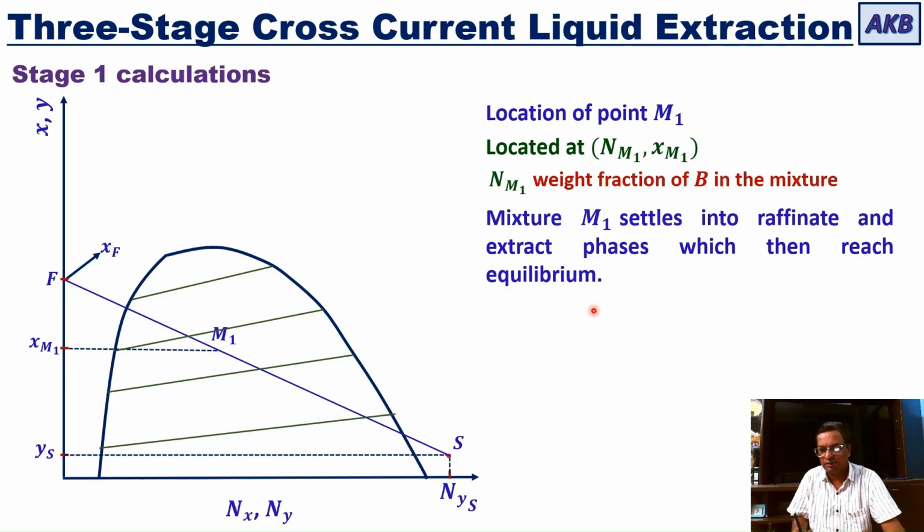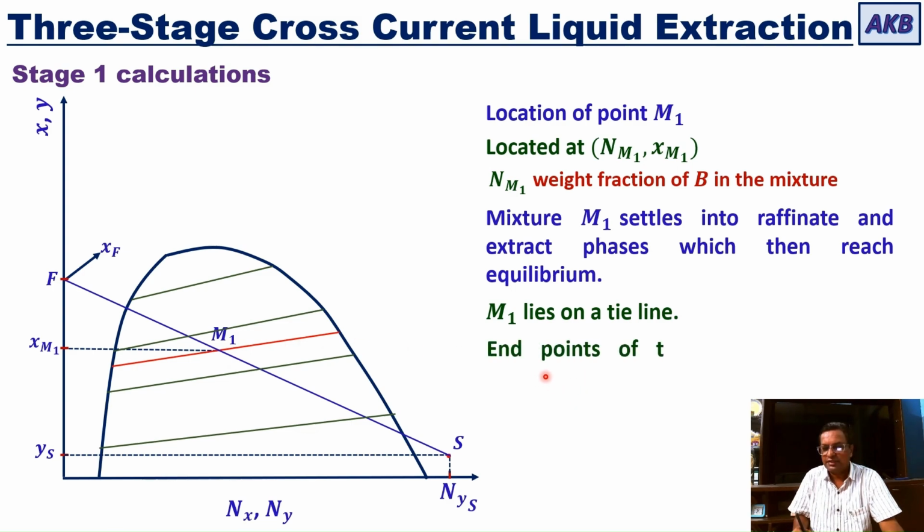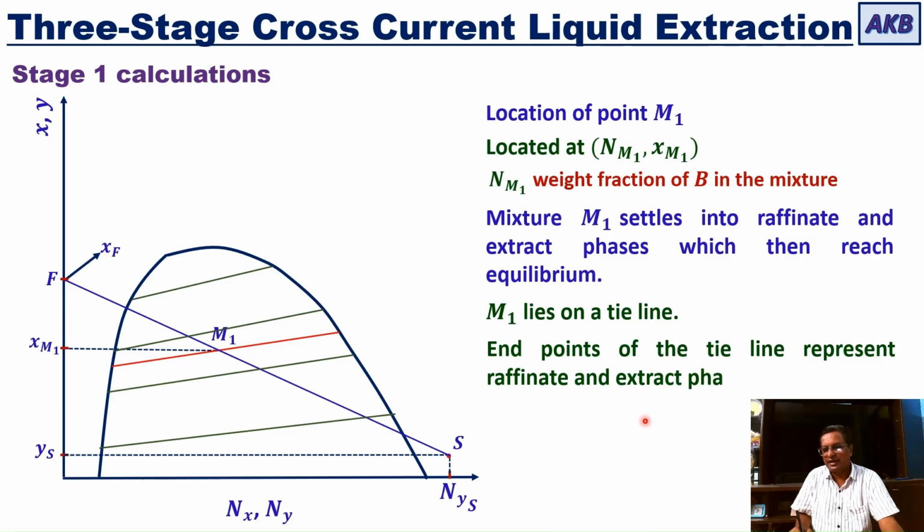After some time they will come to equilibrium. Therefore, this point lies on FS, and at the same time it lies on a tie line. The constant tie line I have shown over here with the red color. The end points of this tie line represent the raffinate and extract phases, points R1 and E1.